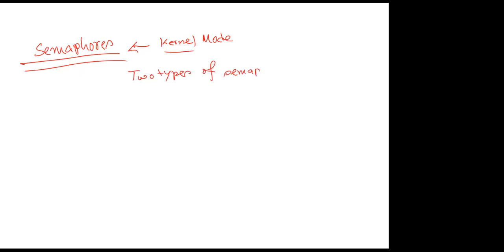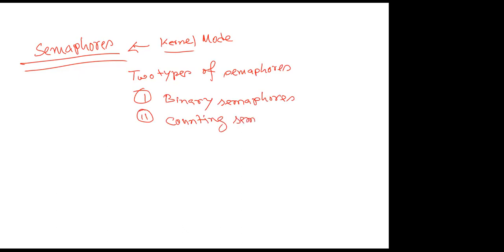The first one is the binary semaphore, and the second one is the counting semaphore.